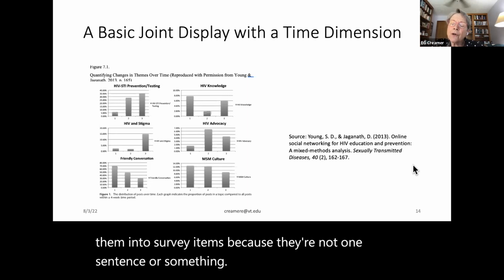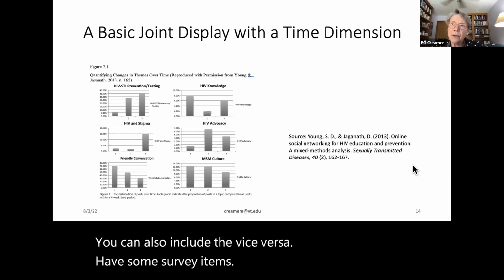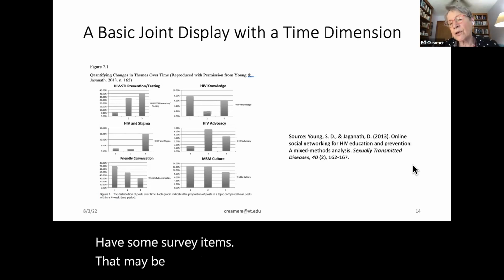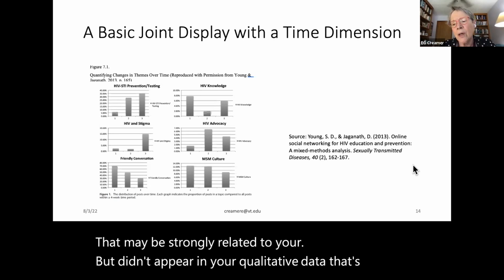You can also include the vice versa. Have some survey items that may be strongly related to your theory, but didn't appear in your qualitative data. That's assuming you have both.